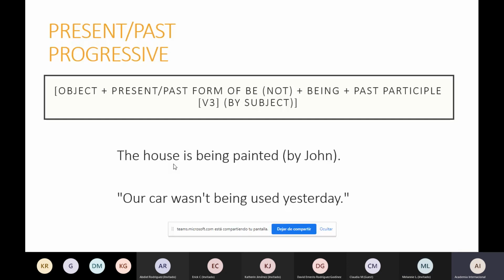En este caso es our car wasn't being used, sería no fue o no estuvo siendo usado. También puede ir acá. No estuvo siendo usado. ¿Por qué? Porque was, acuérdense que es ser o estar. Aquí puede ser no estuvo siendo usado. Ok, sí. Gracias.